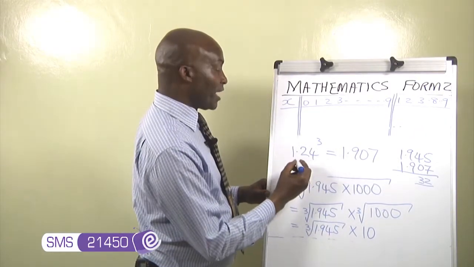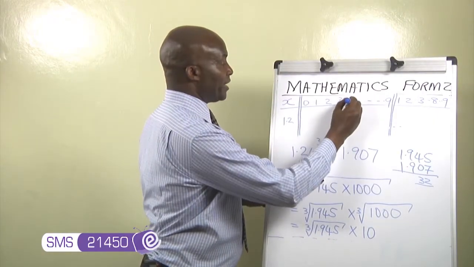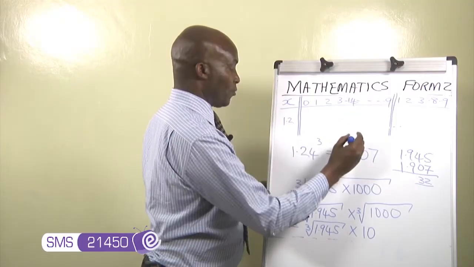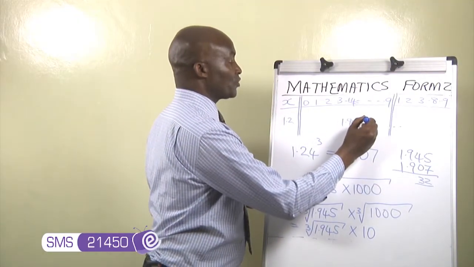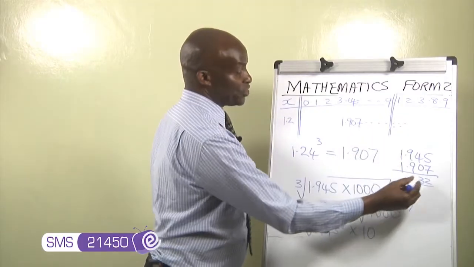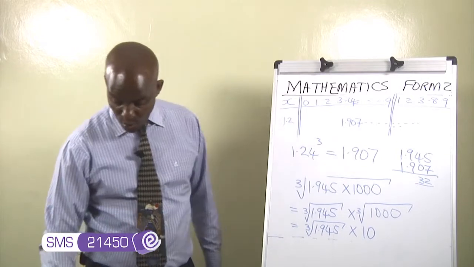So what we have now is 1.2, and then under 4, we have 1.907. So we move like this until we get the difference, which is 32.